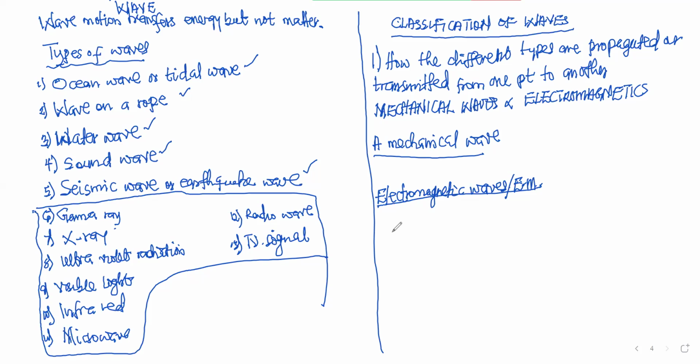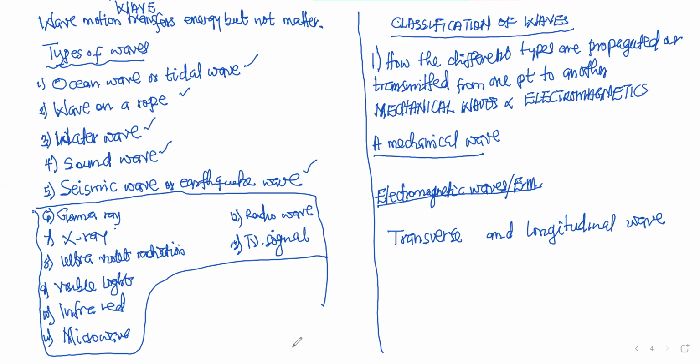We have transverse waves and longitudinal waves. So the first classification looks at the mode or the means by which the wave is propagated from one point to another.